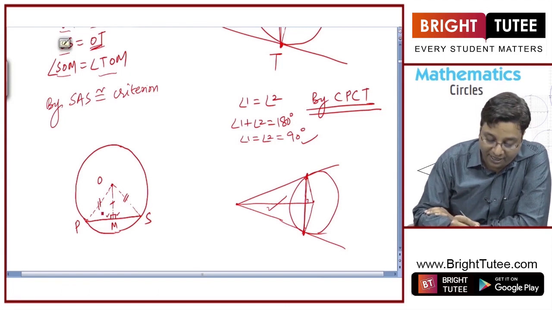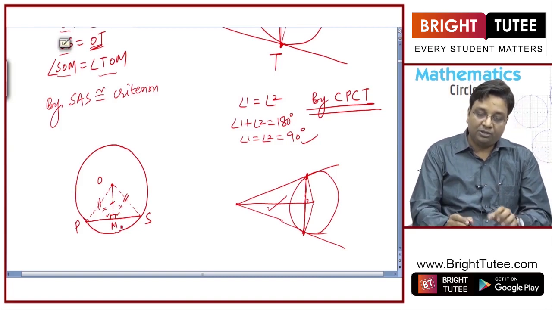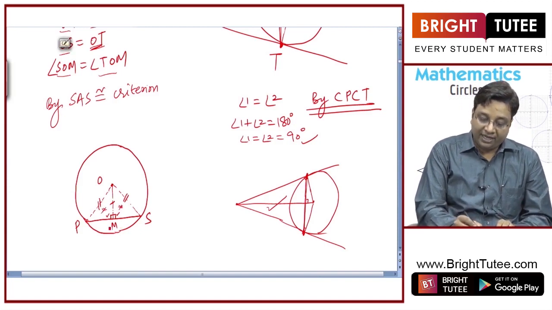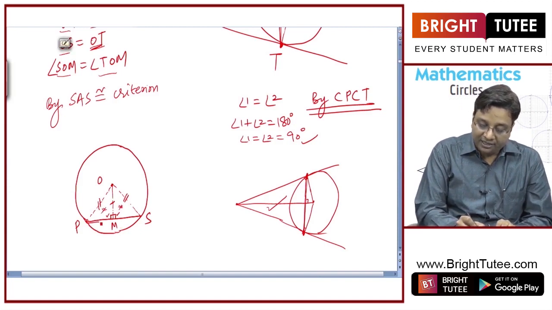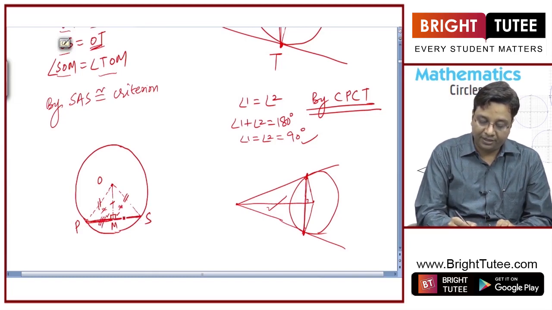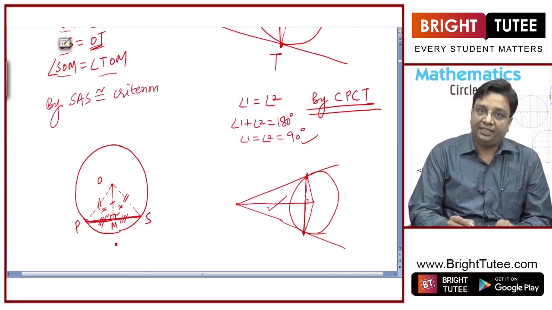So again by RHS congruency, this triangle is congruent to this triangle. I am not writing these things because you already know them. So this length PM is equal to length MS, by CPCT.